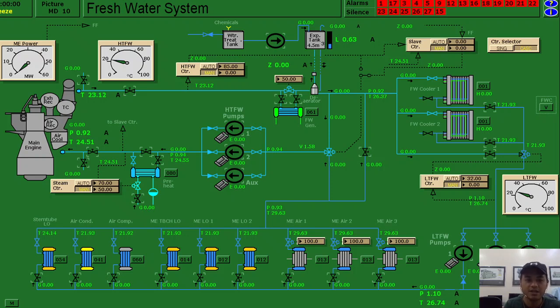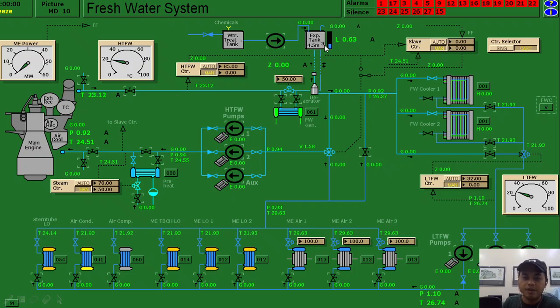Pag mababa na yan, check mo na agad. Baka may mga leakage na nangyari or may mga abnormalities. So, troubleshoot mo agad kung saan yung problem. Baka may pipe na nag-burst or may nag-leaking sa pumps or sa cooler. Okay?